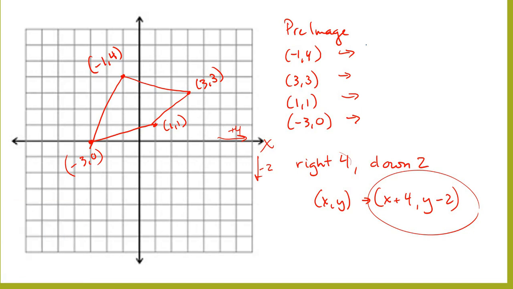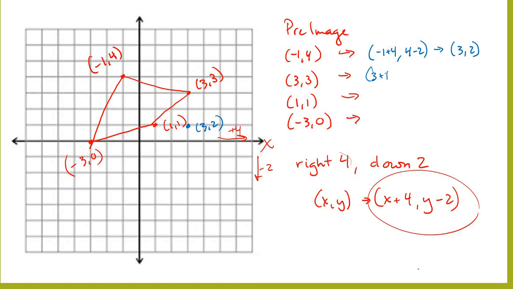Okay, so if I add 4 to -1 and I subtract 2 from my y, I will get the ordered pair 3, 2. So let's put 3, 2 on my graph. Okay, 3, 3.